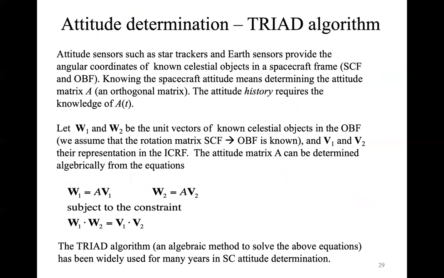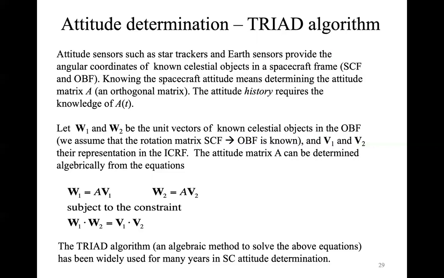Okay, so let's start with the main two attitude determination software or algorithms that we're going to use. The TRIAD algorithm, as I told you, is an acronym of triaxial attitude determination.